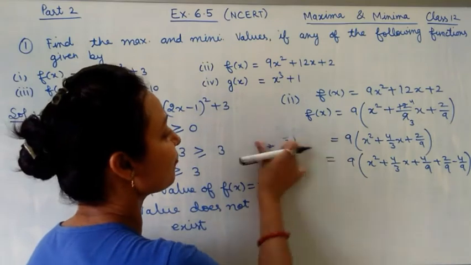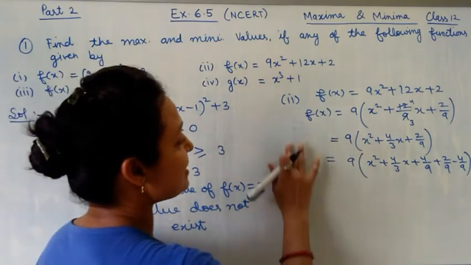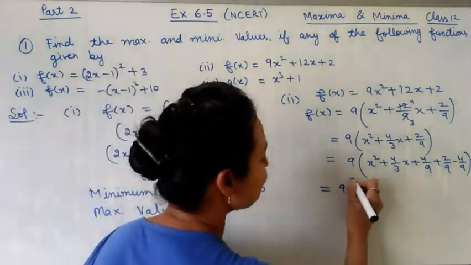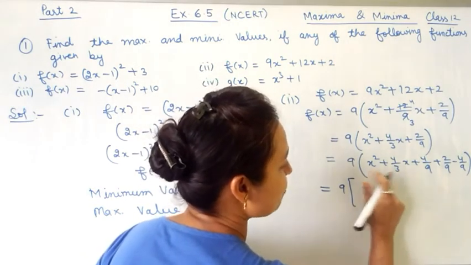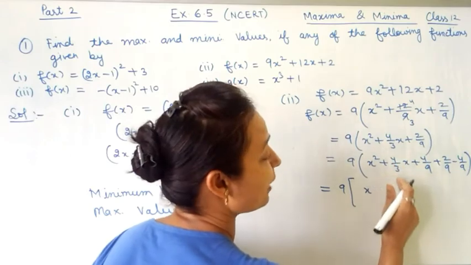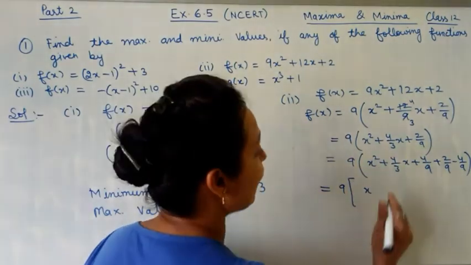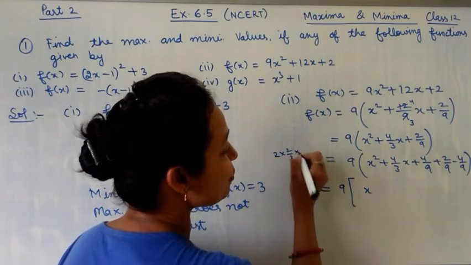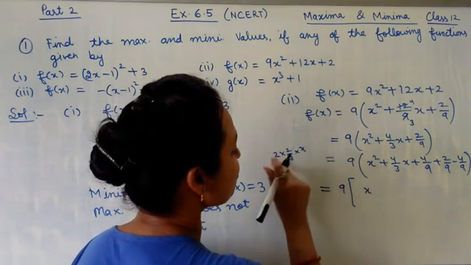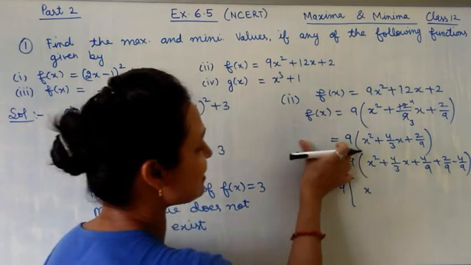Next step: now I will use a square plus b square plus 2ab. When you take 2 by 3 into 2ab, that is 4 by 3 x, that is the middle term.